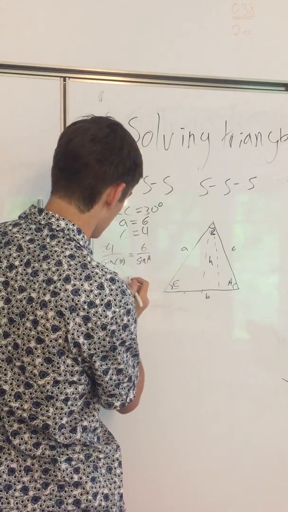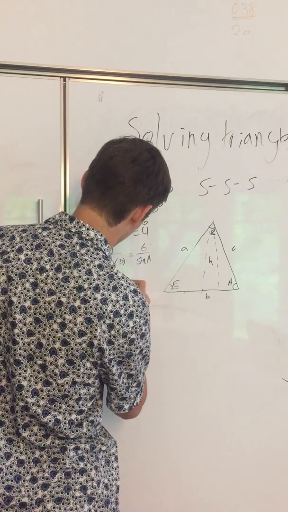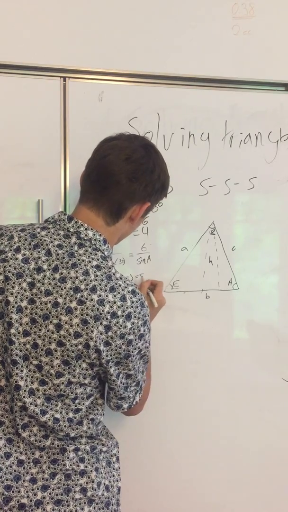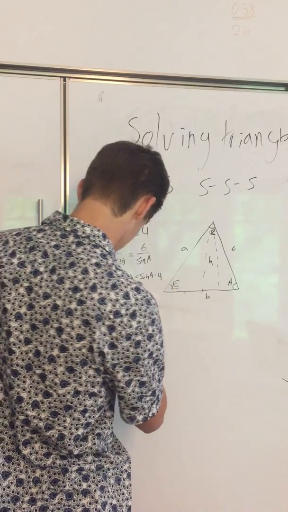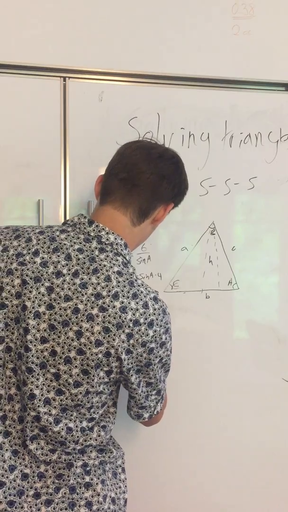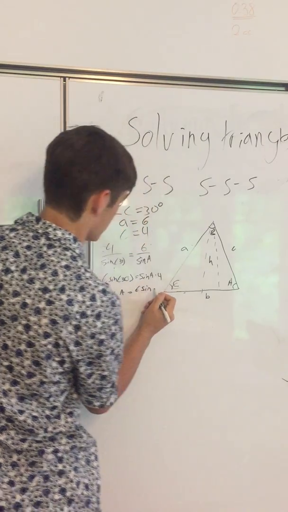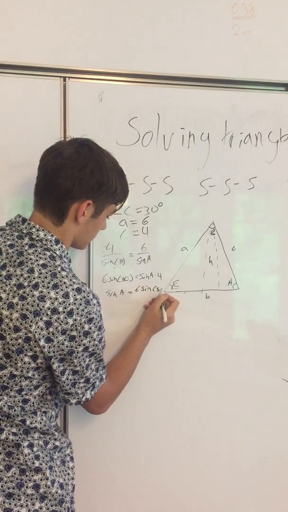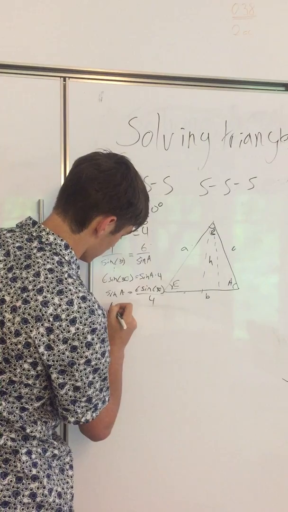So to solve for this, you'd have to cross multiply: 6 sine 30 is equal to sine A times 4, and then you would divide, so sine A is equal to 6 sine 30 all over 4, and then you'd have to find the arc sine of this.